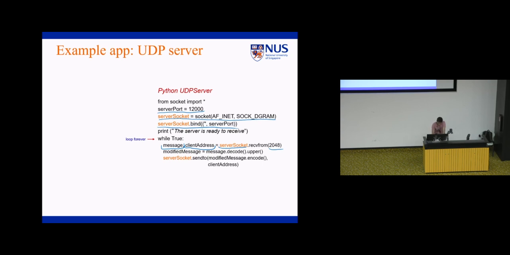It will run its own algorithm. In this case, this is just converting it into uppercase letters, capital letters, using the upper method, and store the modified message in here. And then it will send, using the sendto method, the modified message to this client address.